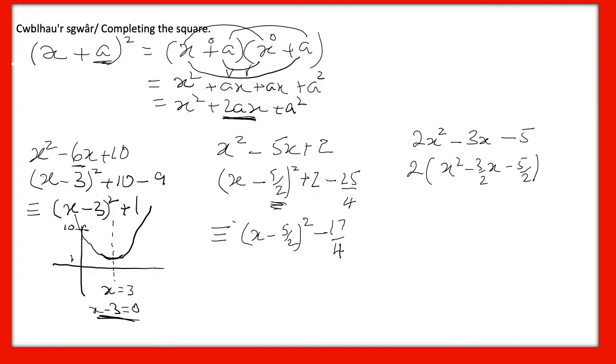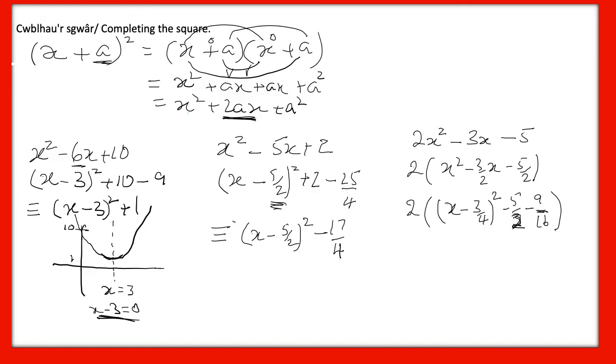And then you apply the standard algorithm after that. So you say, okay, got lots of brackets now. Half of 3 over 2 is 3 over 4. I've got a minus 5 over 2. 3 over 4 squared is 9 over 16. He says writing 3, instead it should have been a 2. I can make sure I've got my brackets in there.